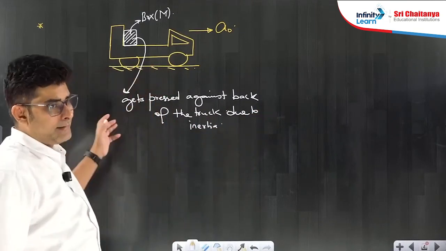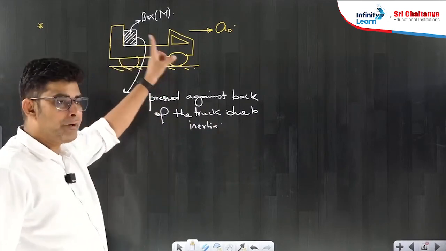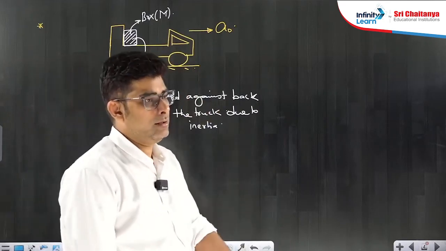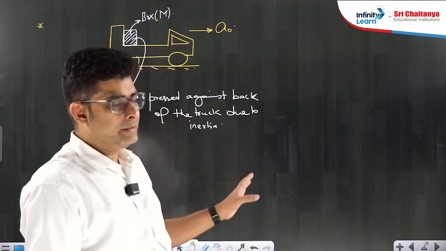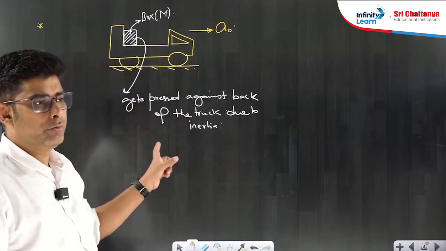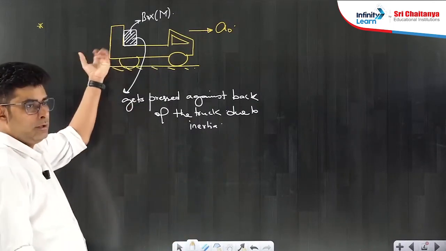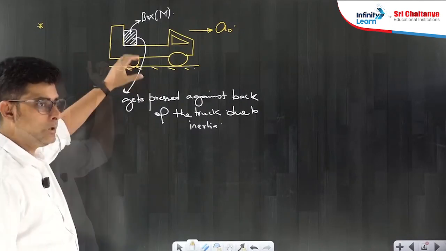So if it gets pressed, will it move differently than the truck or will it move with the truck? With the truck, because it has stuck. Due to inertia it has stuck. It will move with the truck.